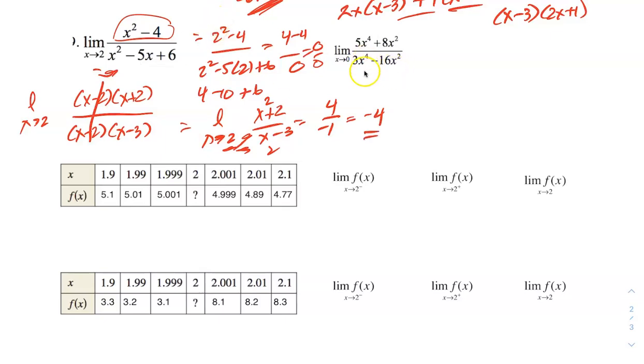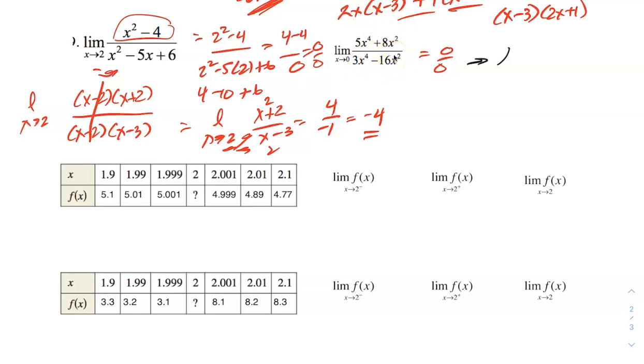This one, I'm not going to plug it in because I know it's going to be 0 over 0. If you plug in 0, 0 to the 4th is 0, 0 plus 0, it's all 0 over 0. It's a lot of red. Let me change to black. So I know it's going to be 0 over 0. So next I've got to factor it. Now a lot of people have a hard time factoring this one. That's because they're overthinking it. Look what they have in common: an x squared.